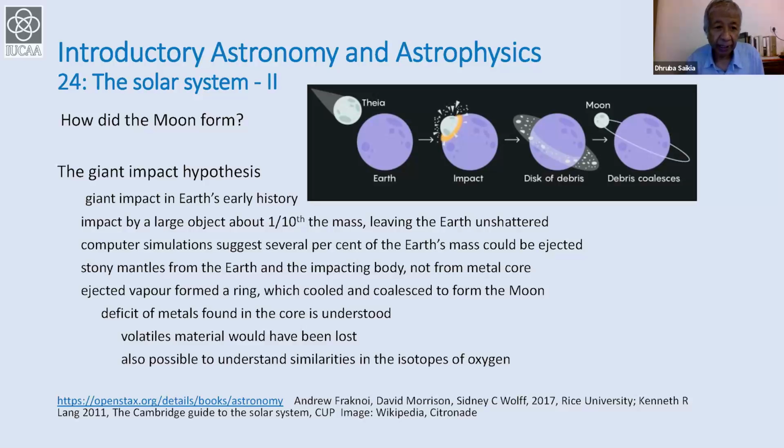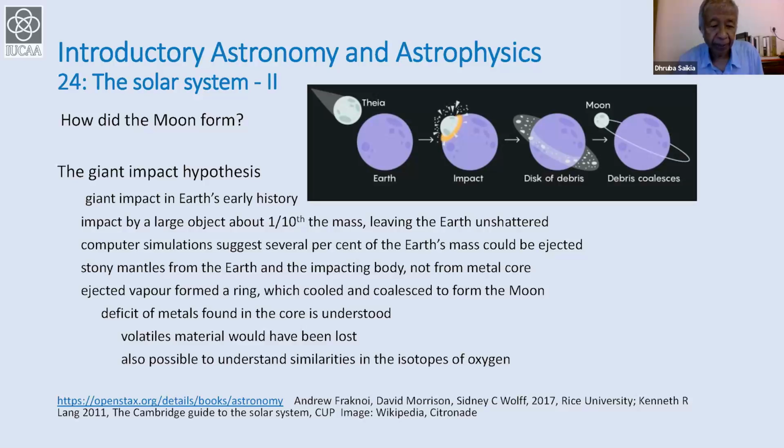And detailed computer simulations have been made to suggest that several percent of the Earth's mass could be ejected by such a body. Stony mantles from the Earth and the impacting body, and not from the metal core. And the ejected vapor will form a ring which will cool and coalesce to form the moon. So if you look up the web, you'll find references to very detailed simulations of it.